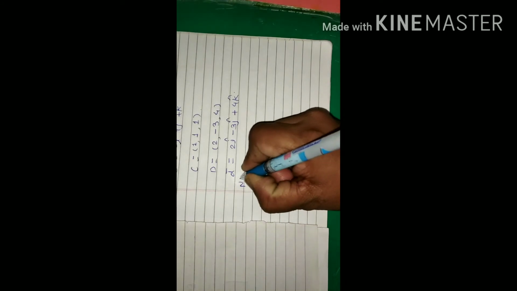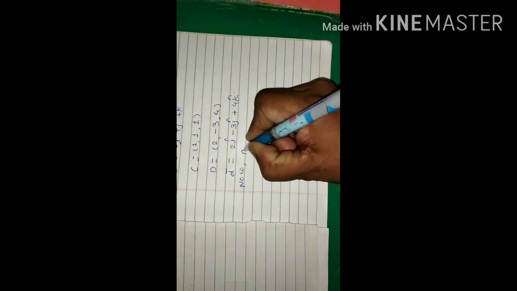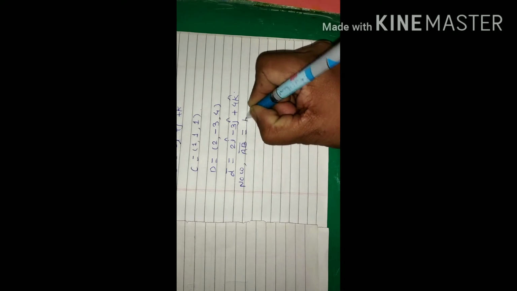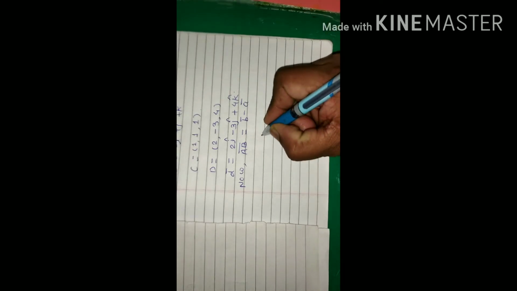Then now we find AB bar, which is equal to the second point minus the first, that is b bar minus a bar. Put the values of b bar and a bar here.